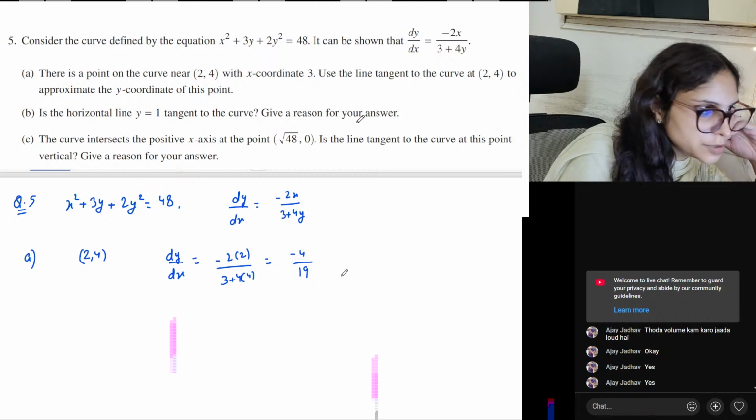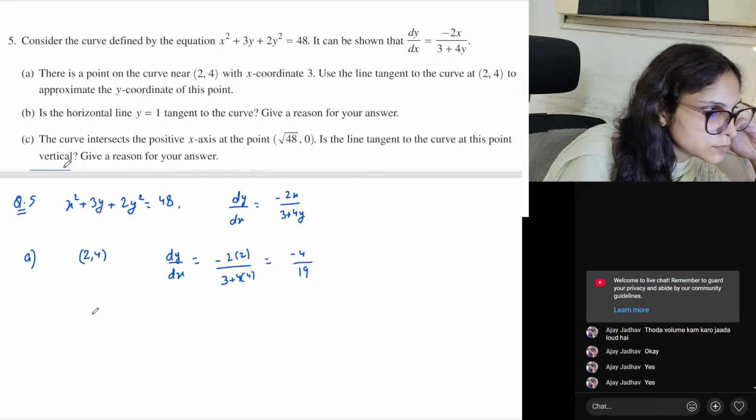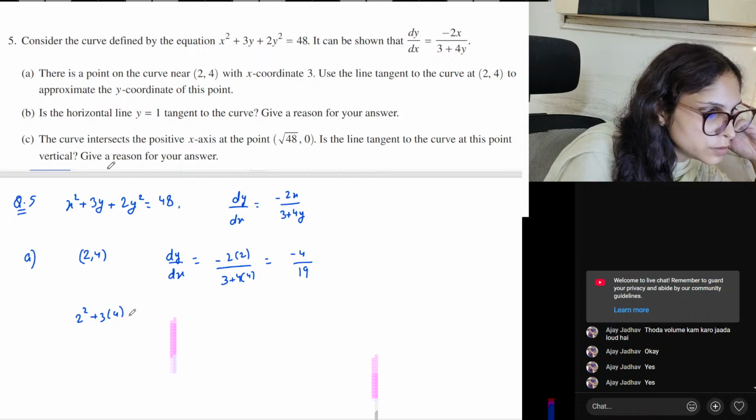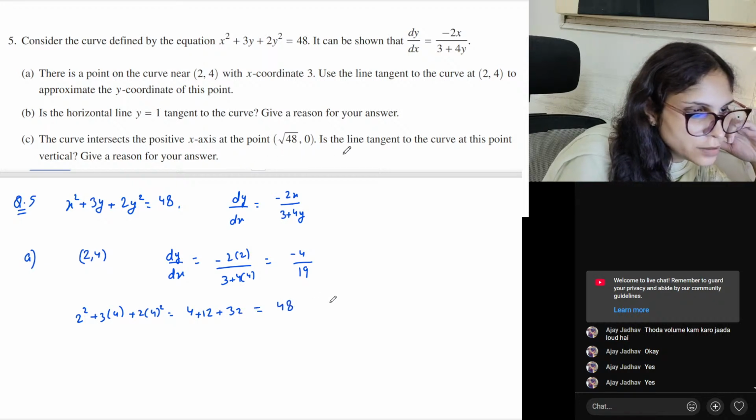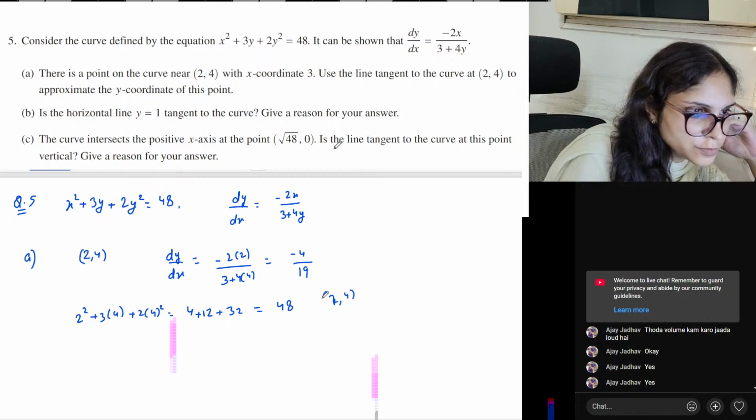Negative 4 over 19. And 2 squared plus 3 times 4 plus 2 times 4 squared: 4 plus 12 plus 32, 48. 2, 4 is on the curve.